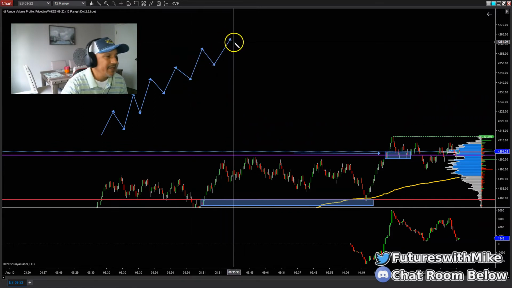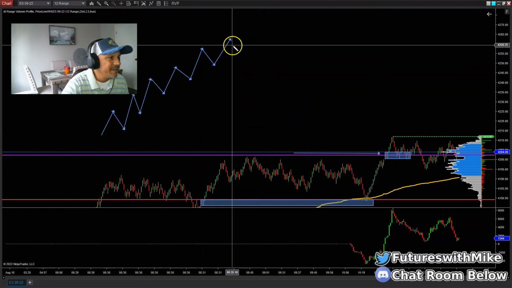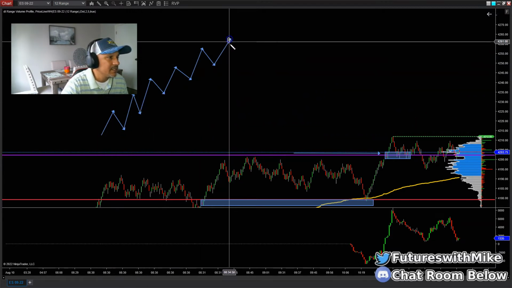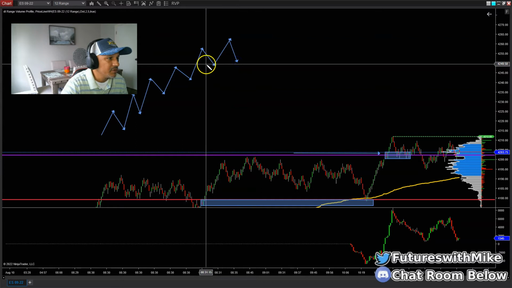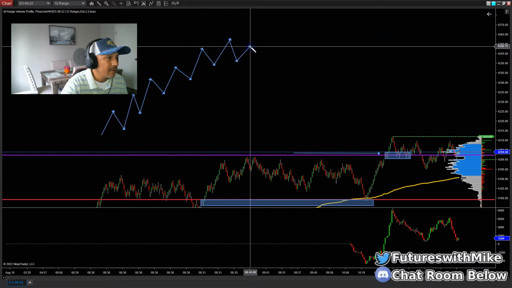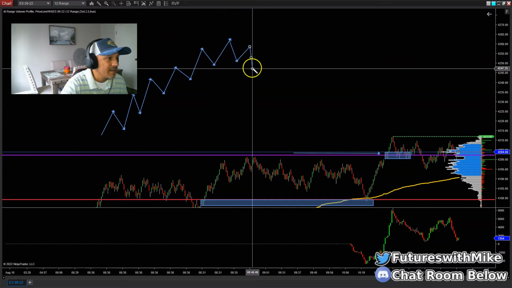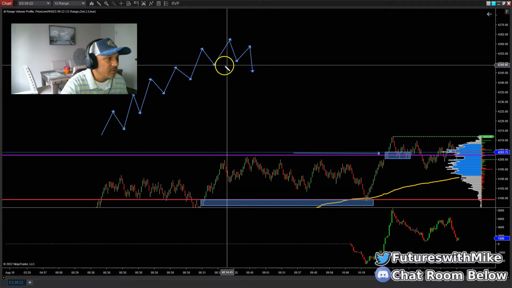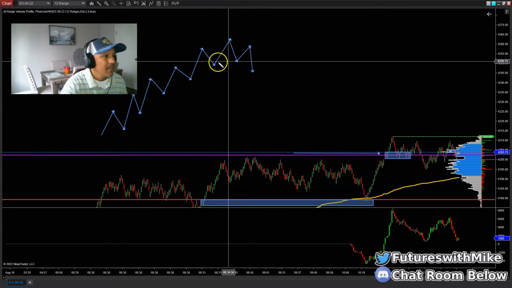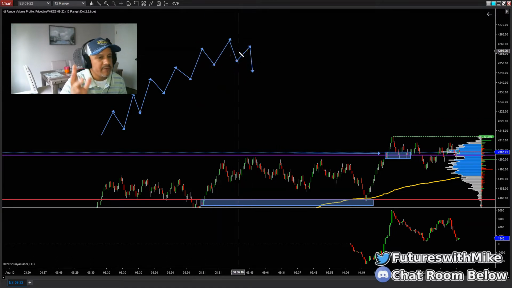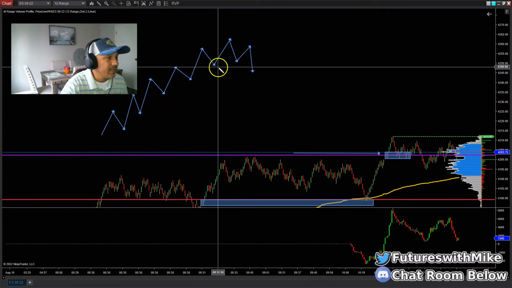Price may be moving to the upside, and then eventually it starts to do something like this. It moves down, hasn't broken through support yet, pulls back, forming a swing to the downside, breaks down, breaks through support. Now, depending on what time frame chart you're looking at, this is a breaking structure.